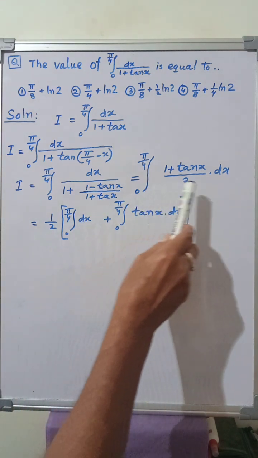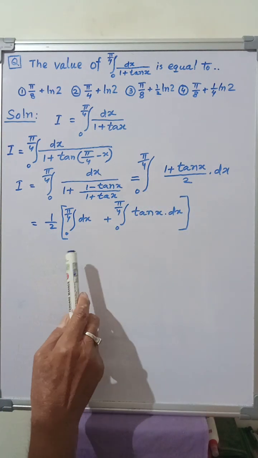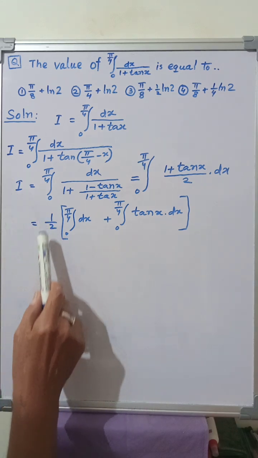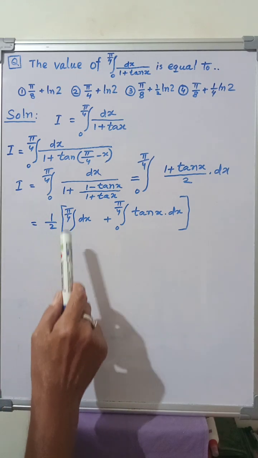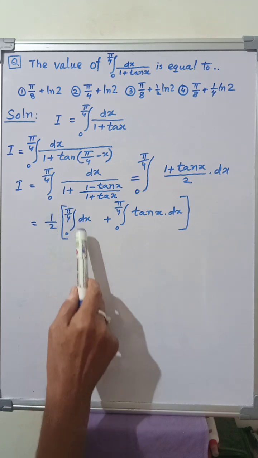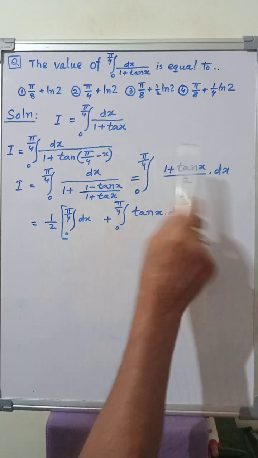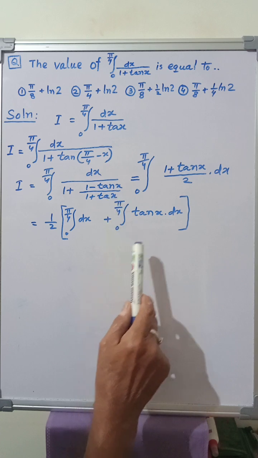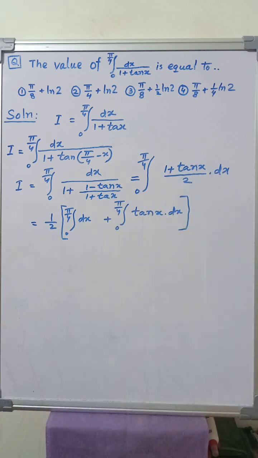So keeping 1 by 2 outside the integral, we get I is equal to half into integral between limits 0 to pi by 4 of dx, 1 into dx is dx, plus integral between limits 0 to pi by 4 tan x into dx.